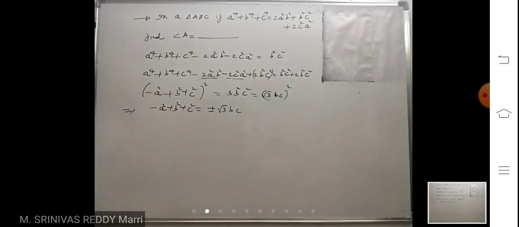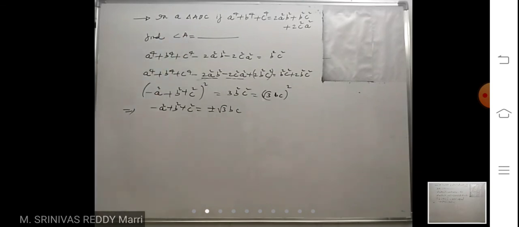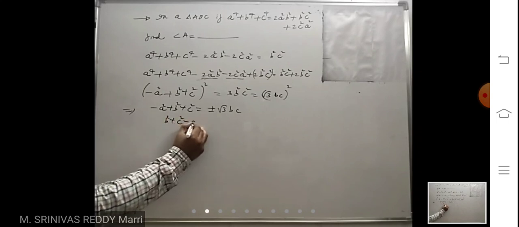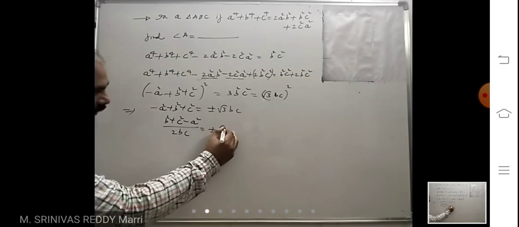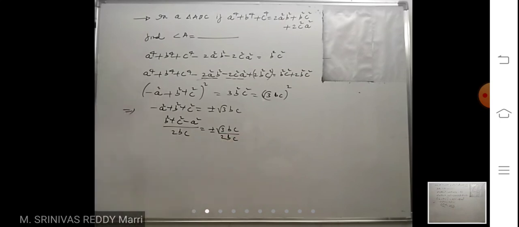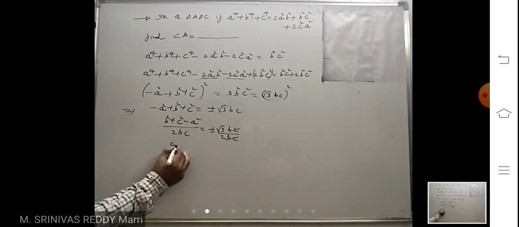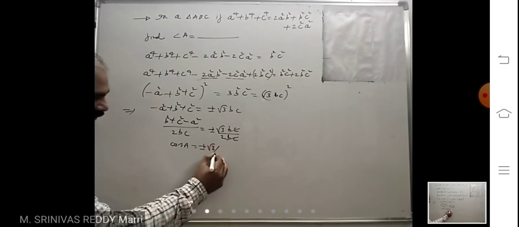Now cos A is b square plus c square minus a square divided by 2bc, which is the left-hand side here, so it is root 3 bc divided by 2bc. Now bc is cancelled. This is nothing but cos A, so cos A is plus or minus root 3 by 2.